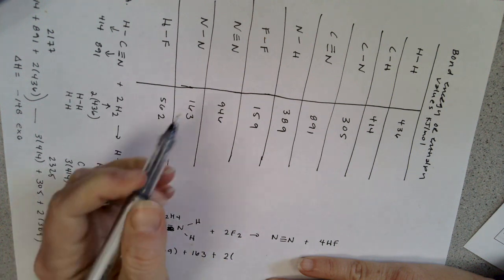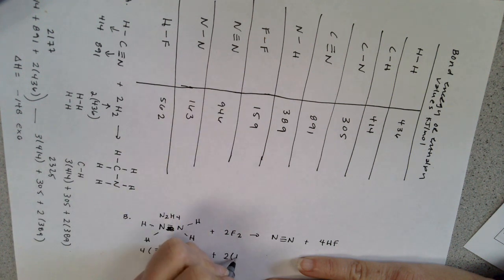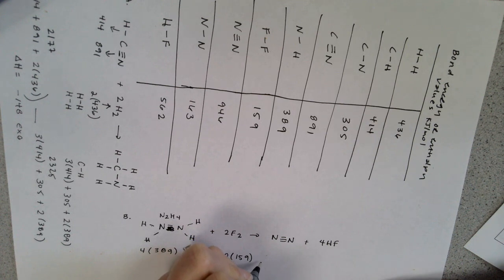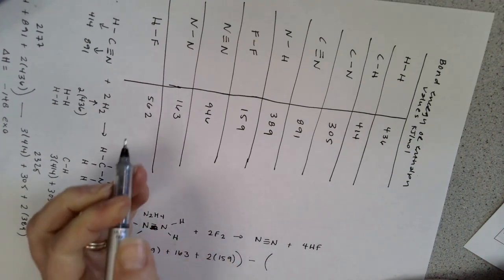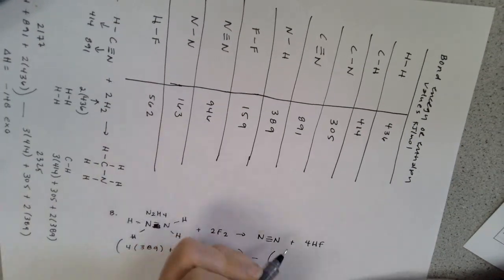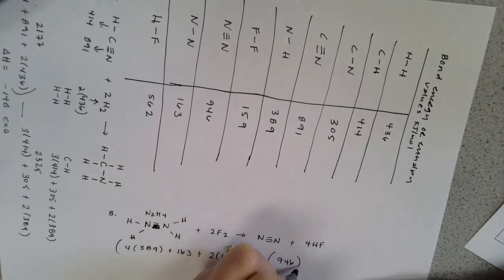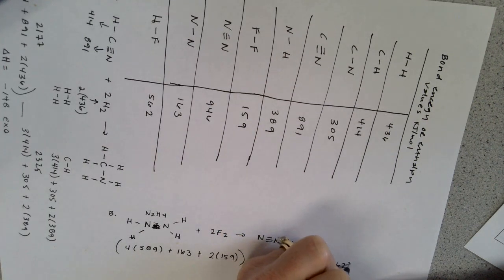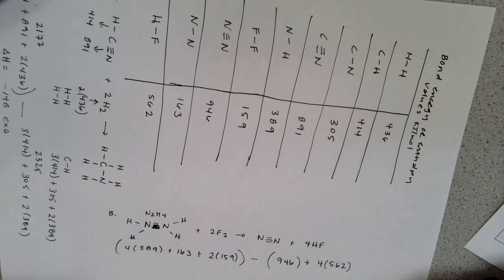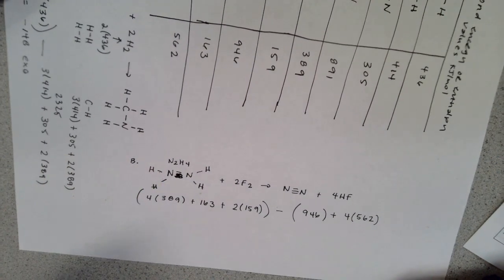Plus 2 times F2, which is 159. All minus the N triple bond, 946, plus 4 times HF, which is 562. Okay, and then you just calculate that and get your answer.